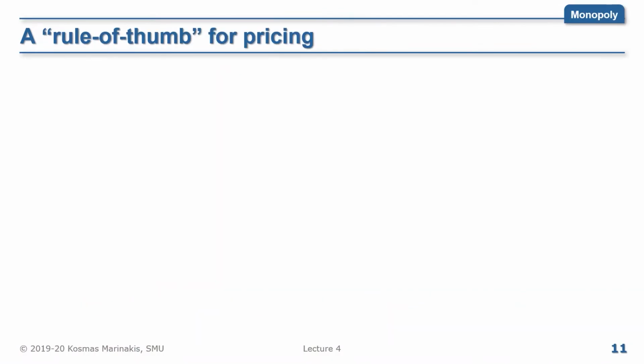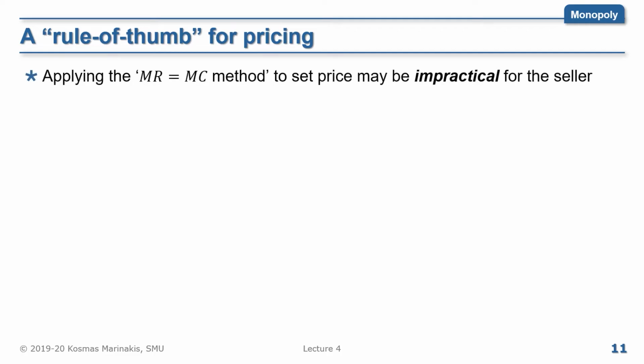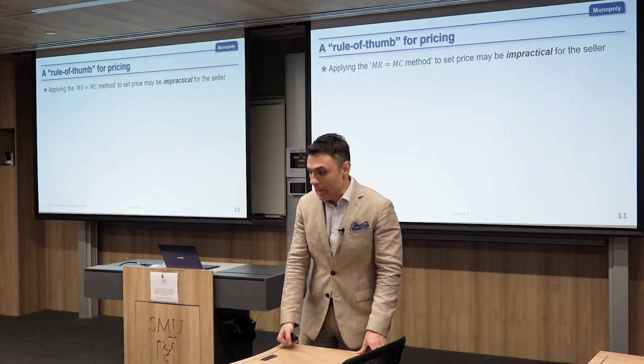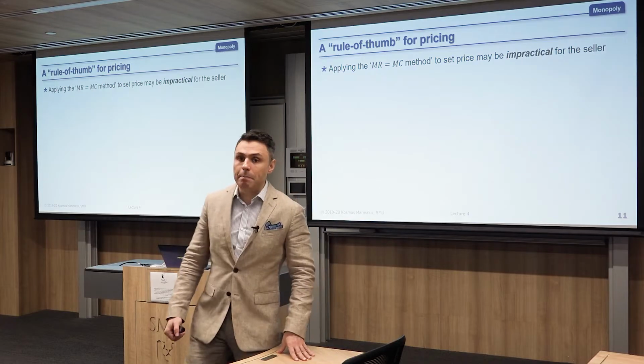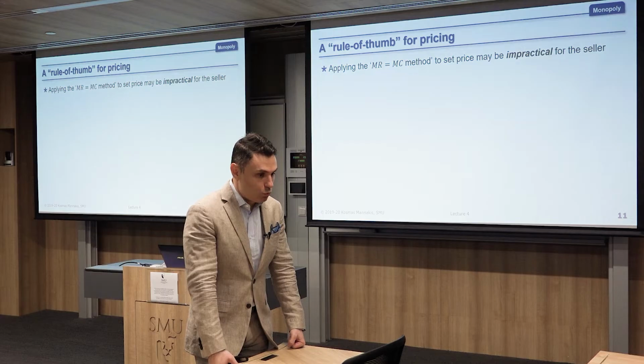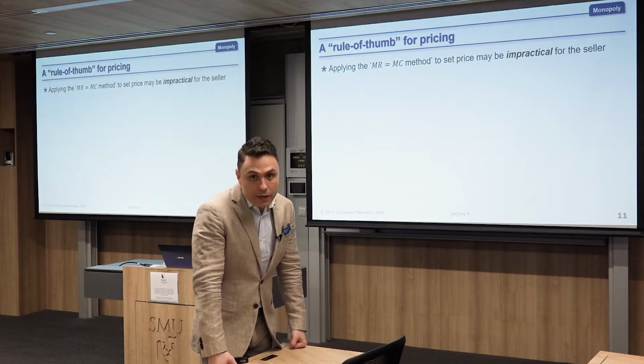All right. Now, in reality, applying the MR=MC method to set the price may be impractical for the seller. It's okay if you are a very big seller and you are selling, let's say, $1 million worth of sales every year, every week, or even year.